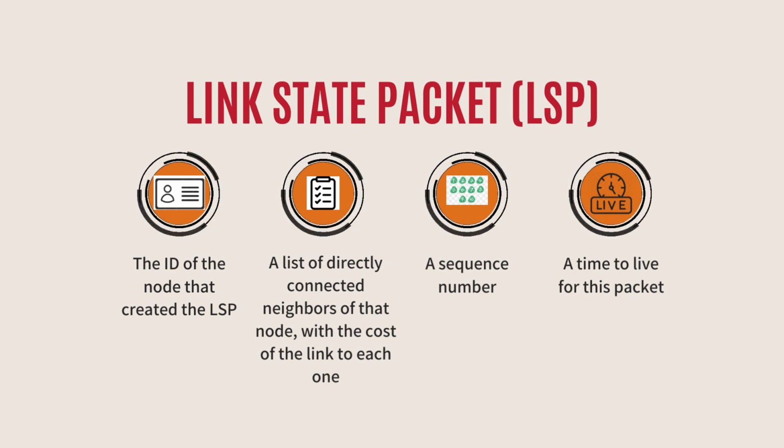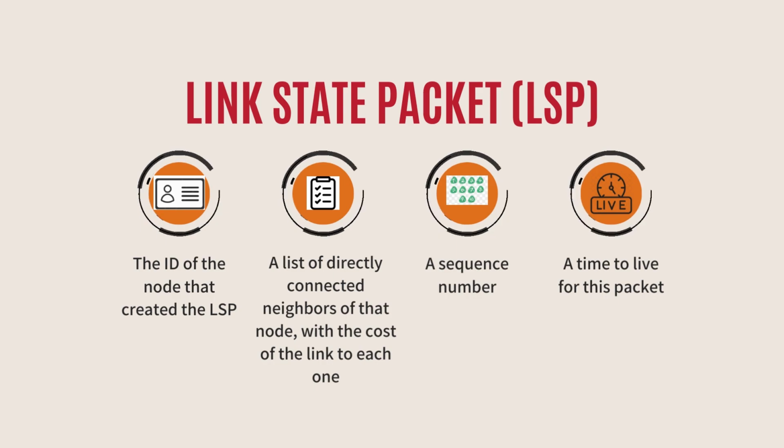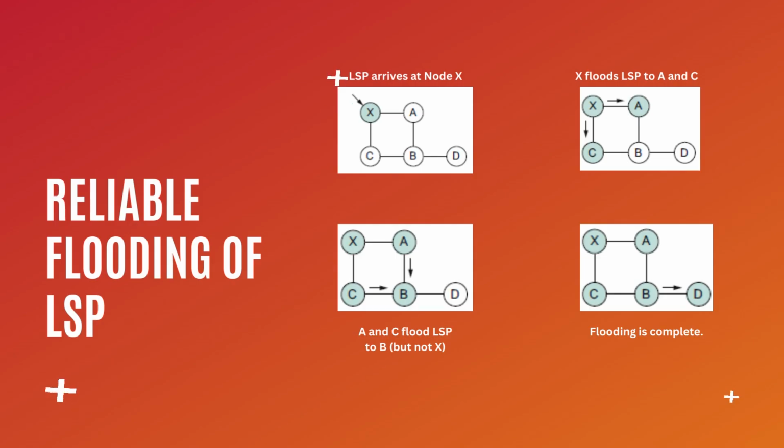With this information, we start learning the mechanism of how this reliable flooding of link state packets happens. Look at the screen. We have 5 nodes on a network where the node X receives a copy of the link state packet from some node Y. Now this node X, after receiving the link state packet, will share this information with its directly connected neighbors node A and node C. The link state packet is being delivered to node A and node C. Now node A will receive the link state packet and will look at the sequence number and at the information that it has.